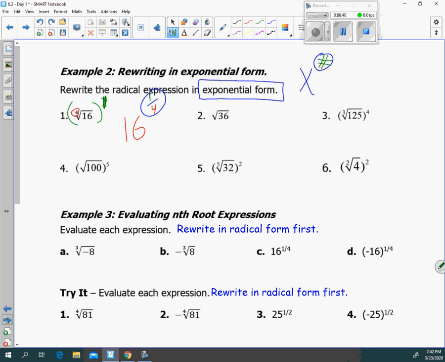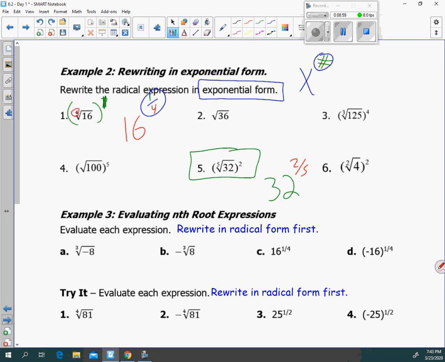Actually, I'm going to do number 5 first, because that one looks easier to me, because it has all the numbers in place. This one as an exponent is going to be 32 raised to the 2/5 power. Okay?